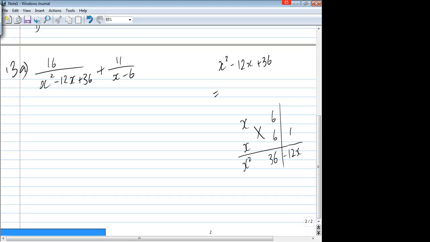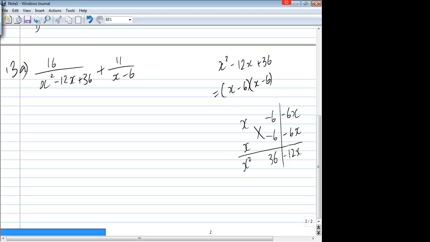And what do I get? 6x over here. X times 6, I get another 6x. However, I need a negative 12x. So I'll just include the negative by adding negative signs over here. So let's do a quick check. X times x, you get x squared. Negative 6 times negative 6, you get 36. Negative 6x minus 6x, negative 12x. So we know that this is equals to x minus 6 times x minus 6.